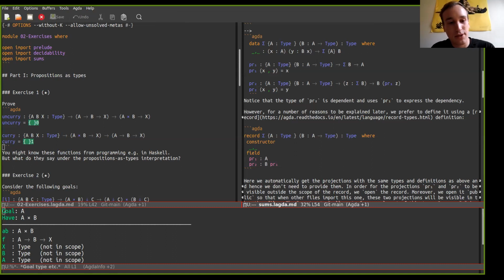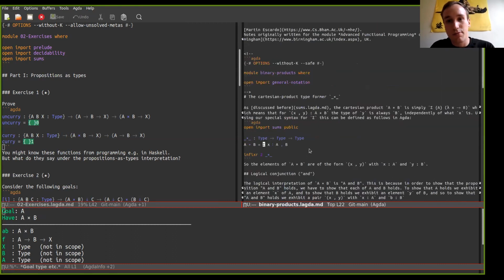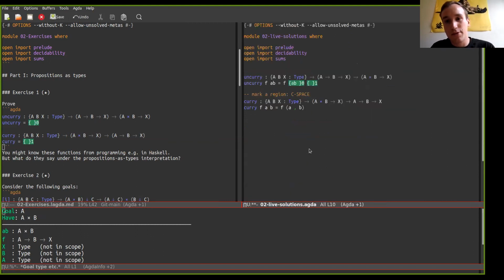But when we have the normal product, like in the goal here, then B is independent of whatever we get from A. So PR2 will always be of type B, and we can ignore this last part. So we jump back with alt or meta comma all the way to where we were. And then if you want to jump to the next goal, it's Control C, Control F.